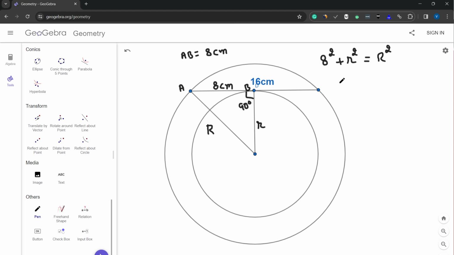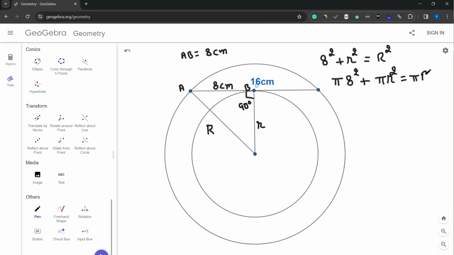Now let us multiply both sides by pi. So we get pi into 8 squared plus pi r squared is equal to pi capital R squared.